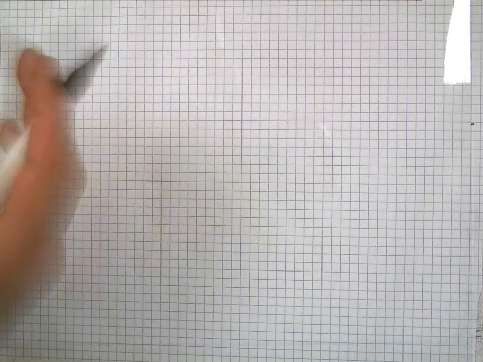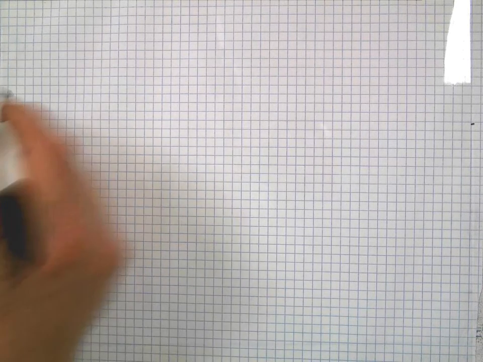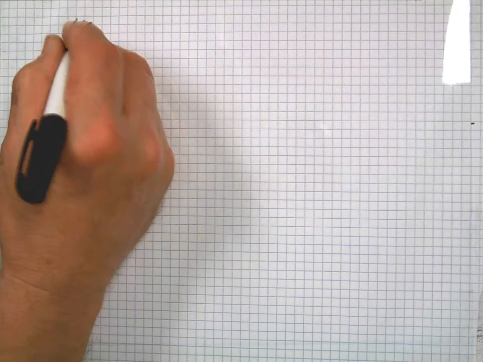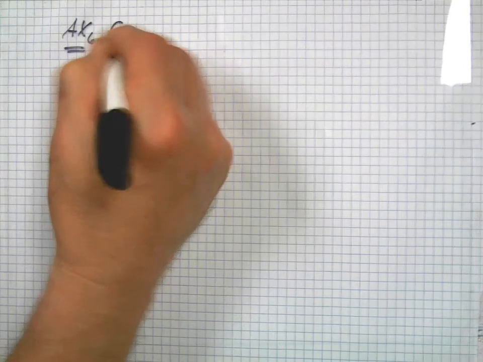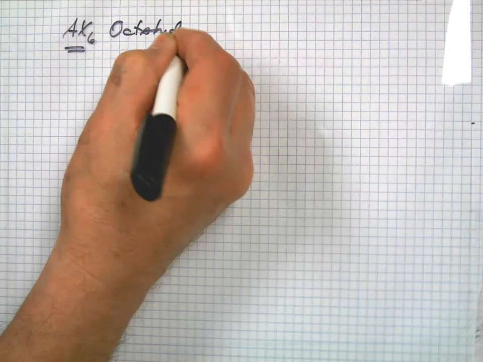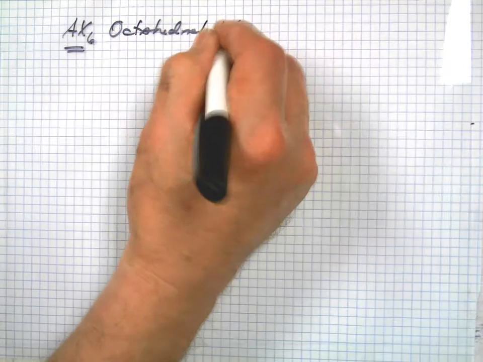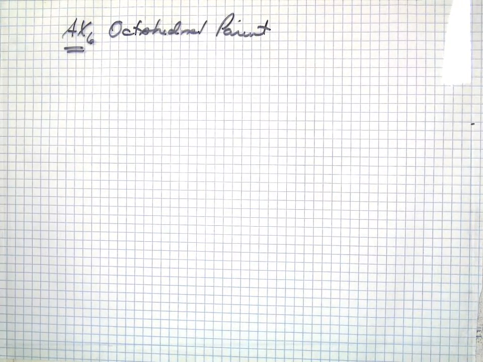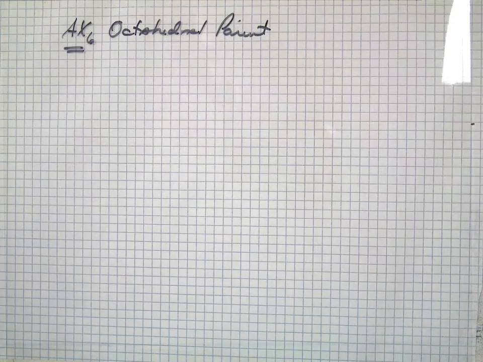Okay, the octahedral, which I inadvertently started with a while ago, is an AX6 octahedral parent, and we've got 3 examples in here.